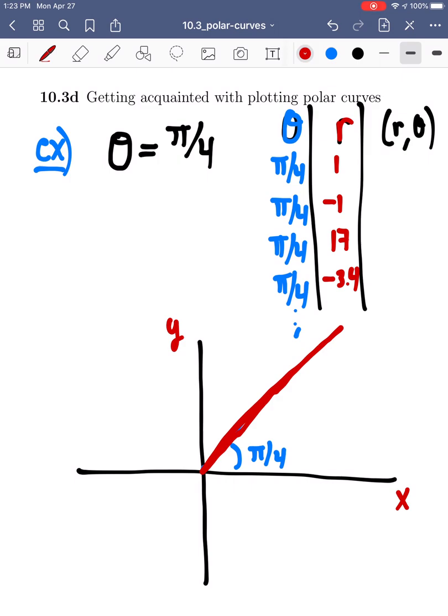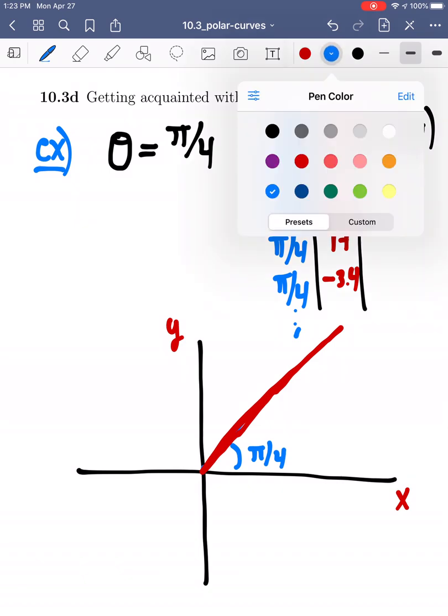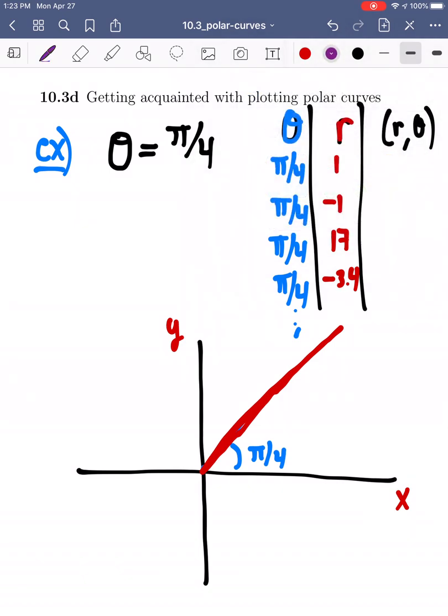But remember, we're also told, like I put in this example, r could also be negative. We're not told what r is. And if you remember before, negative values of r just reflect us over the origin, or essentially we add pi to whatever our angle is. So if our angle was pi over 4, our angle that we reflect to is 5 pi over 4.